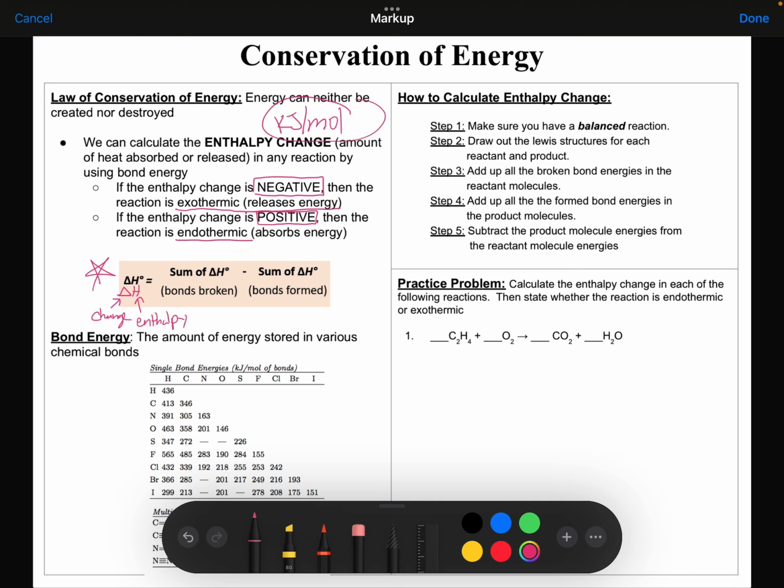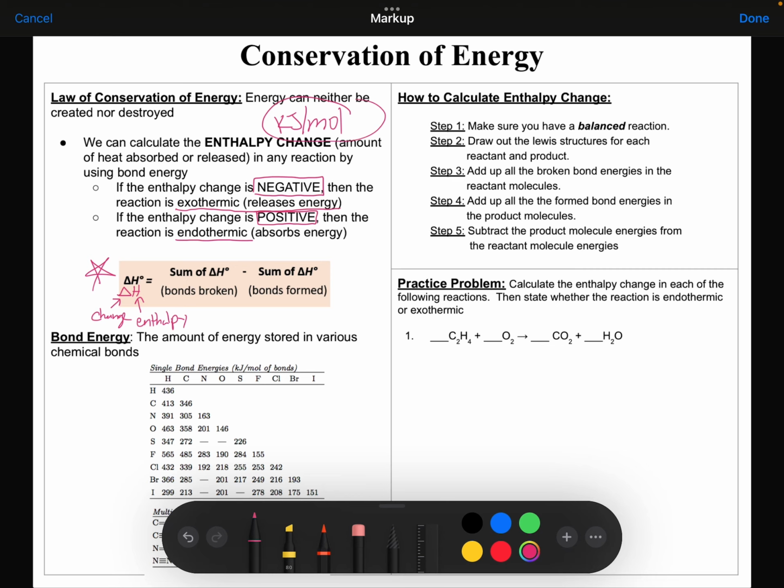So quite literally, delta H stands for change in enthalpy. So if I want to calculate change in enthalpy, I am going to take the sum of the delta H values for my broken bonds, and I'm going to subtract out the sum of my delta H values for my formed bonds.